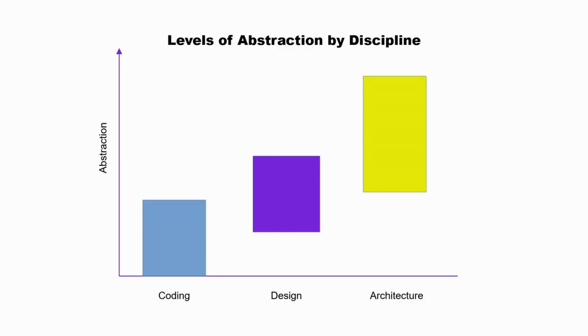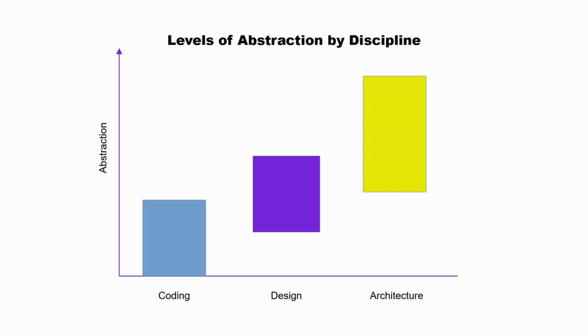If we look at this diagram, which tries to suggest abstraction by discipline, what you can see on the left is that coding is not very abstract. It's about solving the actual problem, each line at a time. Whilst we might be able to think about how parts of software should fit together whilst coding, it's not always easy to do that while thinking about every individual line.